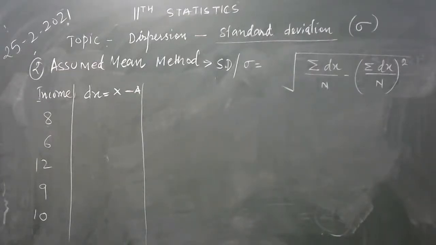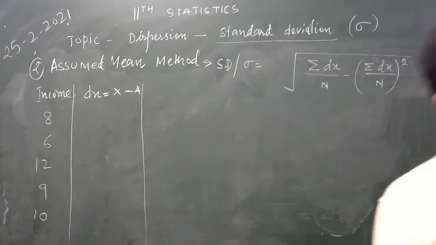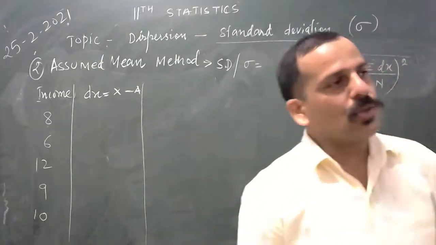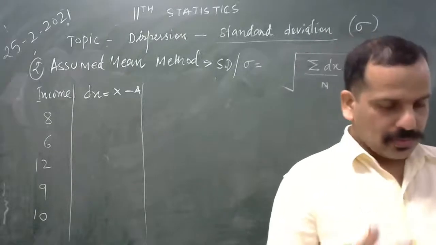Next, here I write 10. Like 40, 40,000. Write only 14. 14 is 40,000. When you have to write the answer there, you can write in thousands.